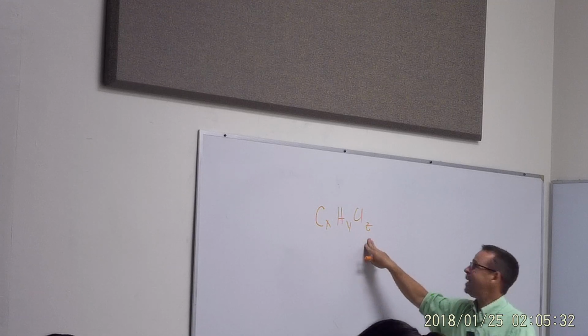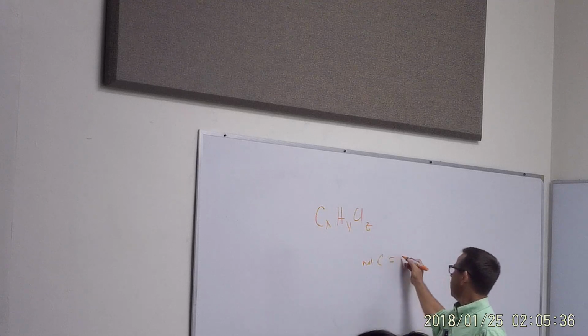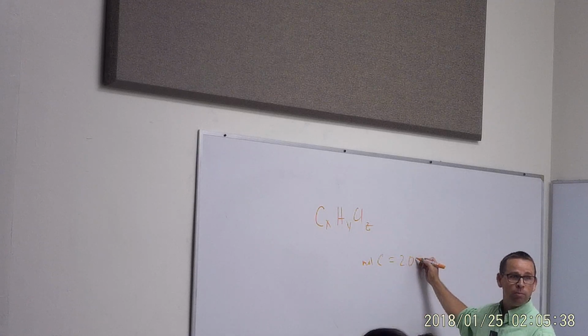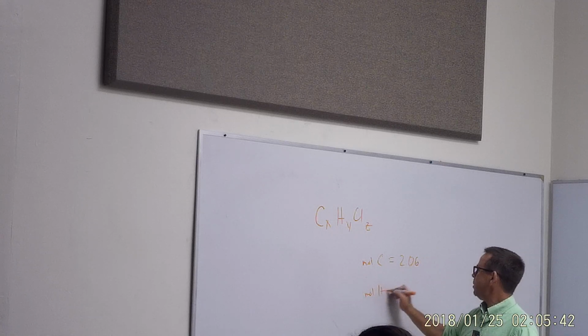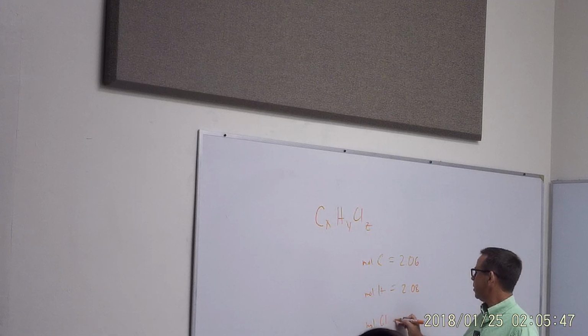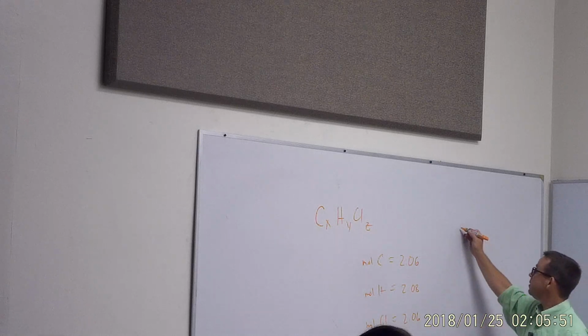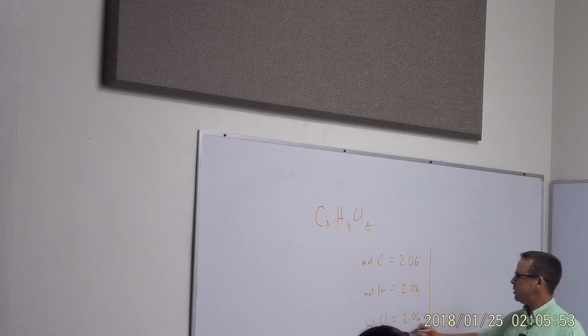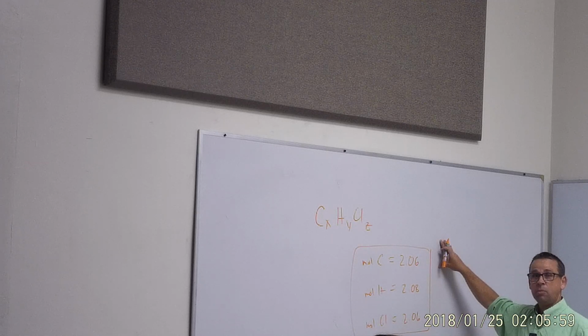So, did anybody get a number for the moles of carbon? Okay. Moles of hydrogen? 2.08. Moles of chlorine? Okay. Does anybody feel like they need help understanding where we got these values? Everybody okay with that?